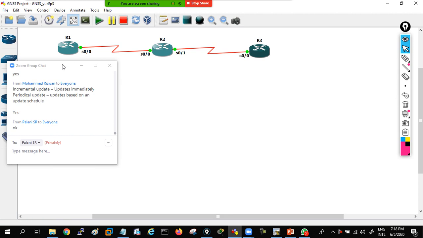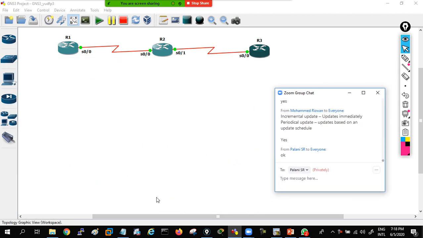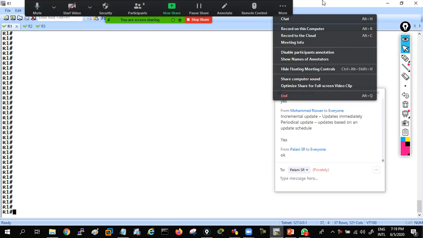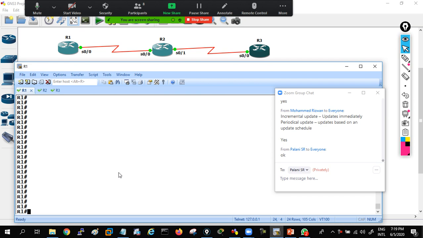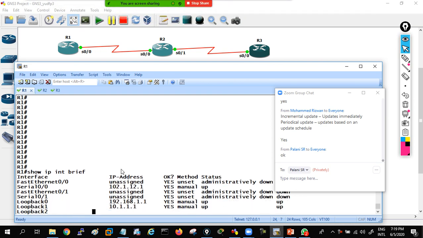See here, I am going to add one more network for you to understand. Okay, we need to know each and every point. Let's go to router 3. Everybody, show IP interface brief. So far, how many interfaces are there?